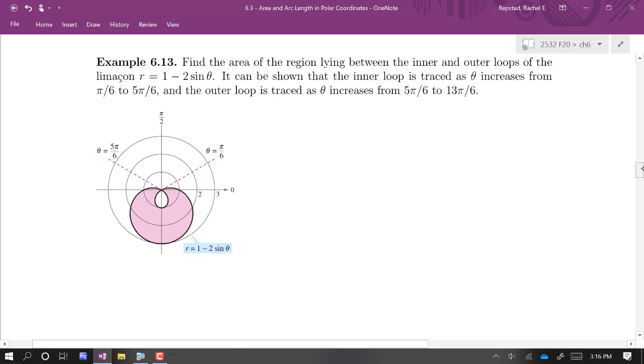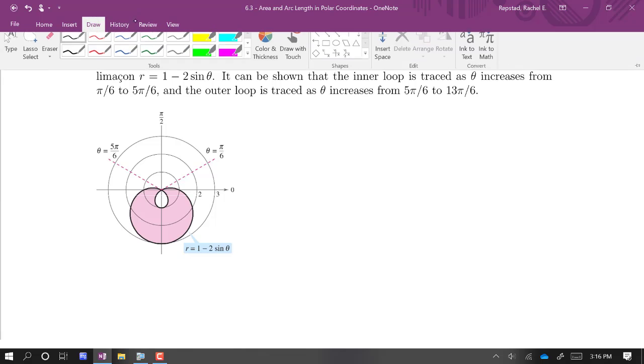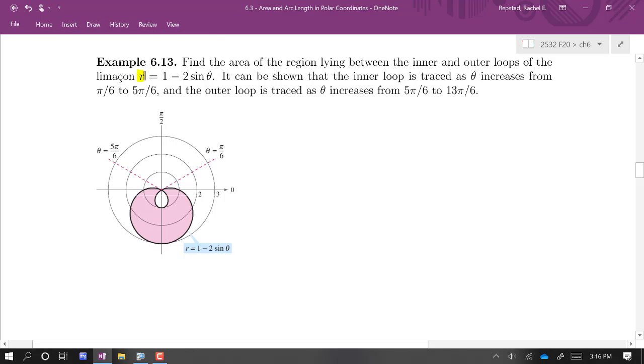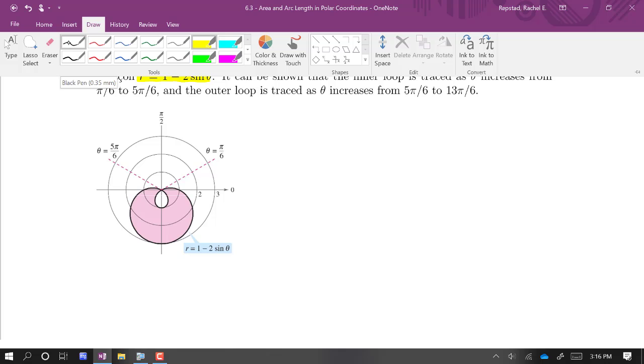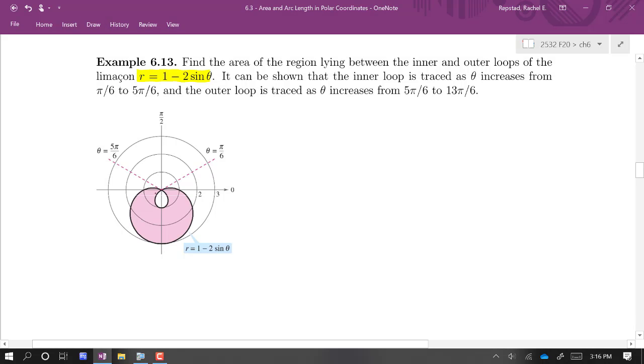Okay, let's do another one. This one's a little bit more going on here. So we have a curve given by the function r equals 1 minus 2 sine theta. And this crosses itself, right? So we can sort of see it cross itself, and we have this small loop, and then it opens up into a bigger loop.